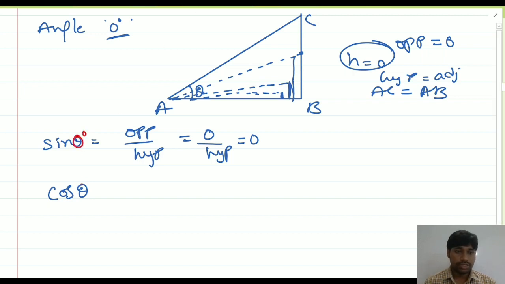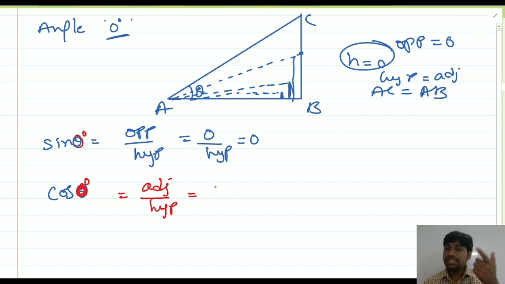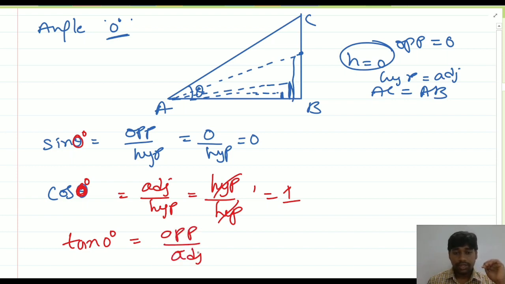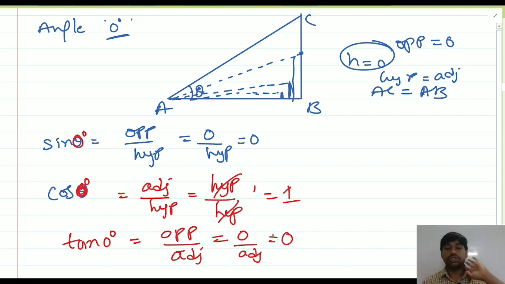So here adjacent by hypotenuse. Adjacent how much? It is equal to hypotenuse. So hypotenuse by hypotenuse both are cancelled and it becomes 1. So cos 0 became 1. Next, tan 0 degrees, that is opposite by adjacent. Opposite is 0 by adjacent, it becomes 0.